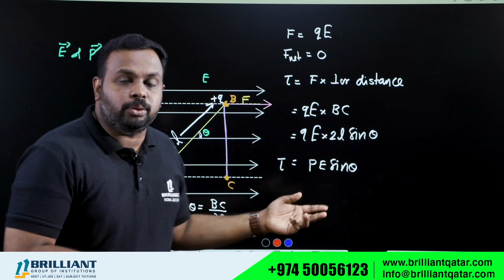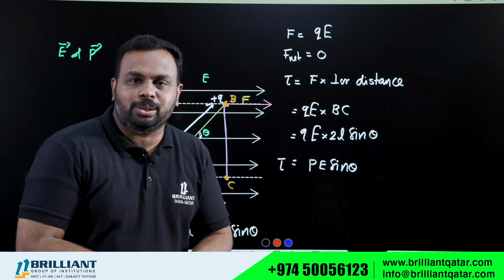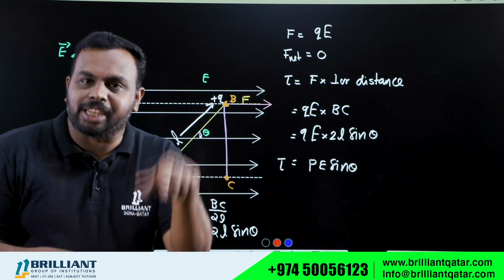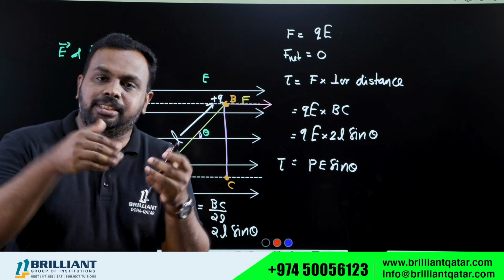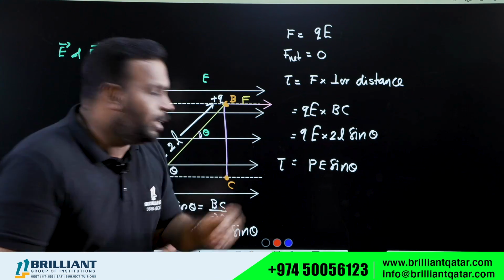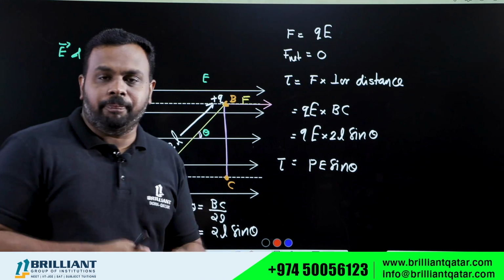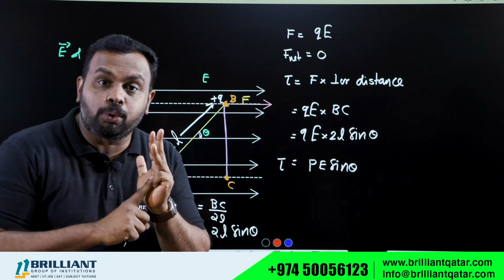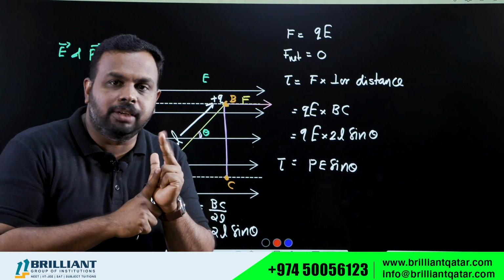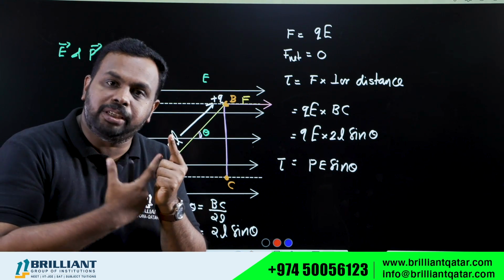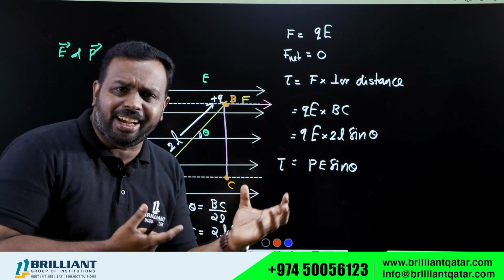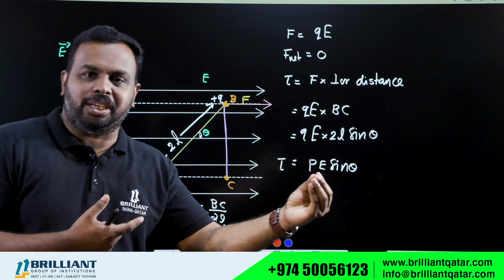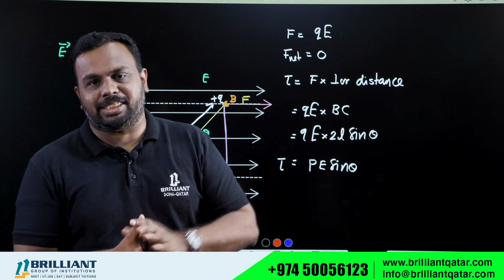So clearly you can see what are the factors affecting the torque acting on a dipole? Dipole moment, strength of electric field, orientation angle. So when angle changes, torque value will also be changing. Now if you are looking at the final equation, PE sine theta, what is P? Vector, right? Dipole moment vector. E, electric field vector. Theta, angle between P and E. So just like you can see first vector into magnitude of second vector into sine of the angle between first and second vector.